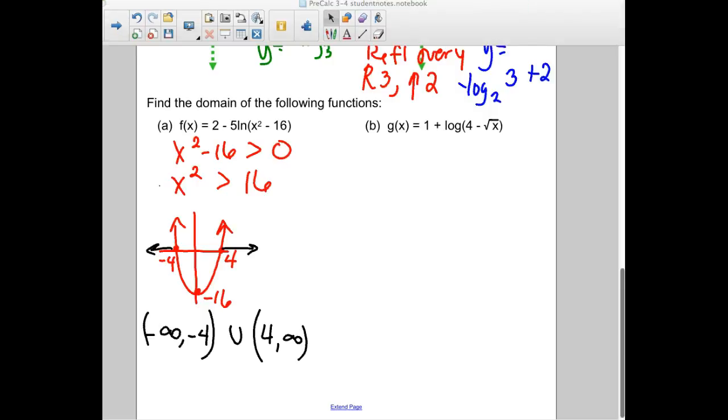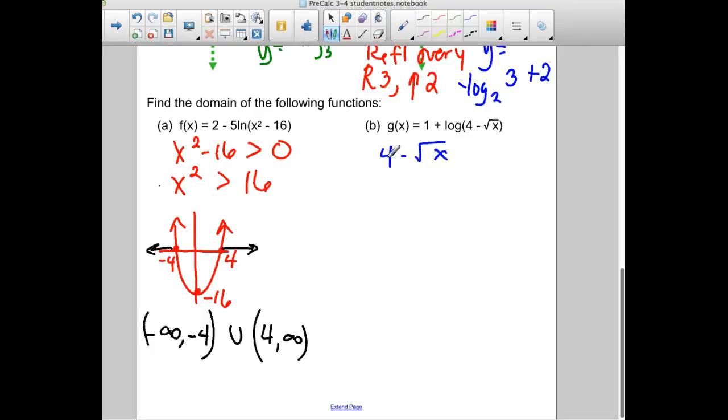Okay, at your tables, you should have hopefully focused on the 4 minus the square root of x piece. And it has to be what? Greater than 0. If we add the square root of x part to the other side, we're saying 4 is greater than the square root of x. So what kind of numbers could we put in for x that would give me exactly 4? 16. Square root of 16 would give me a 4. We need to be smaller than that, right?